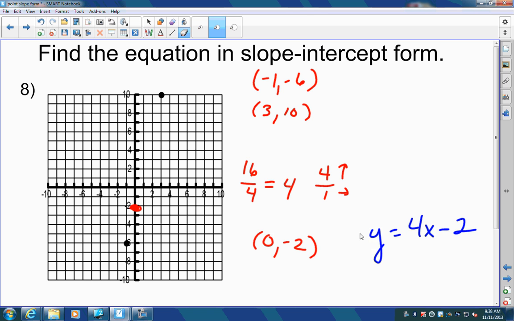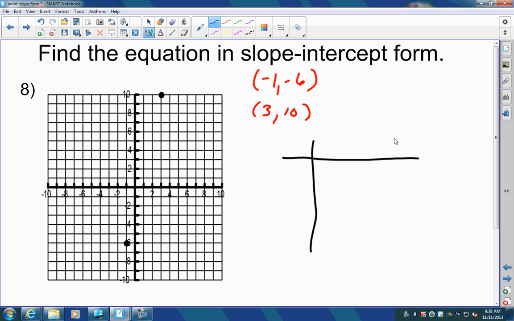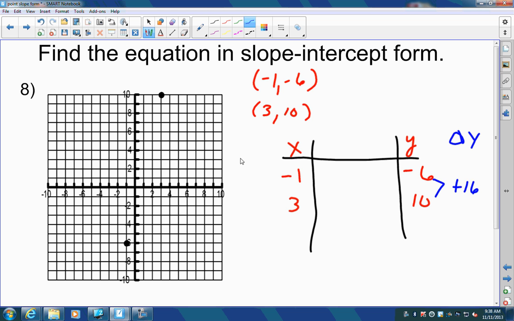Now remember, you can do this in a table as well. As I build my table, I have (-1, -6) and (3, 10). Remember, x then y. Delta y, the change in y, is plus 16.